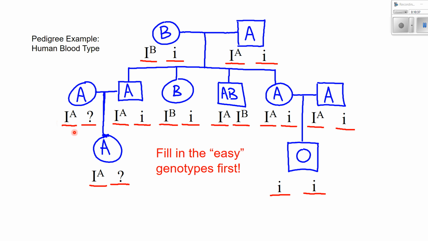And the same thing is true for this lady. She married into this family, so we don't know anything about her parents. We don't have any way to know whether she's big IA, or maybe she could be big IA, little i. And so sometimes a question mark is really the only response that you can give, because sometimes it's impossible to know.